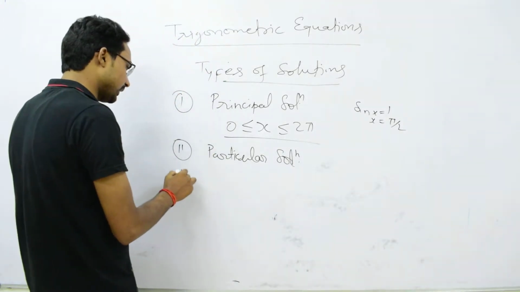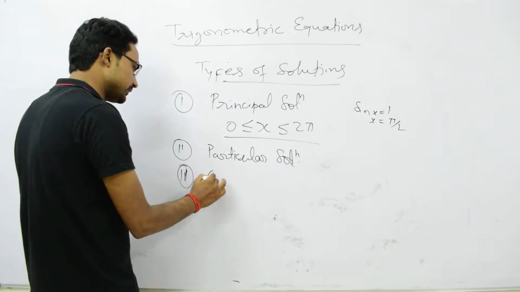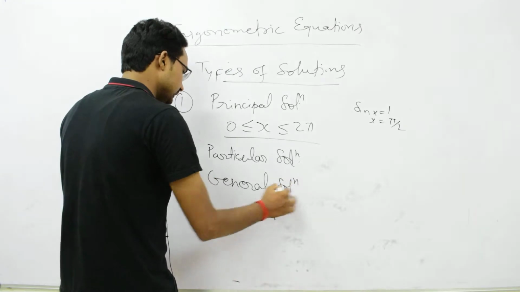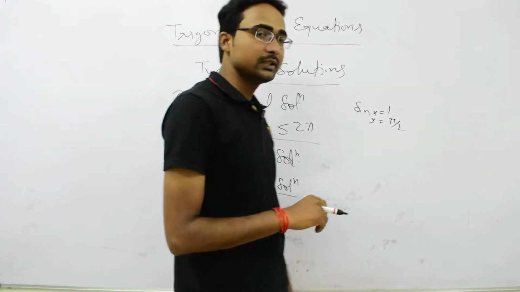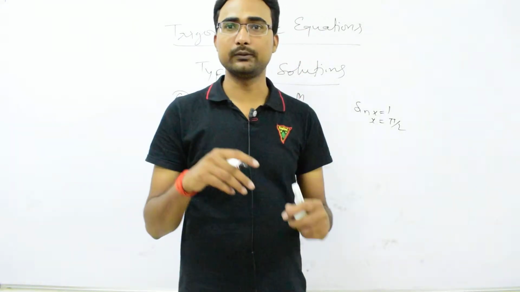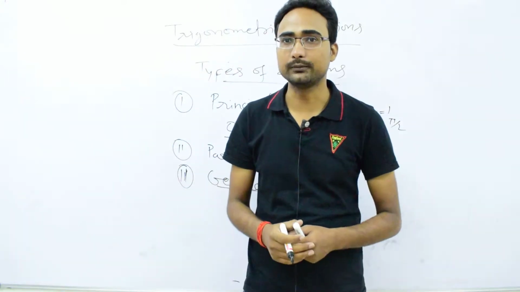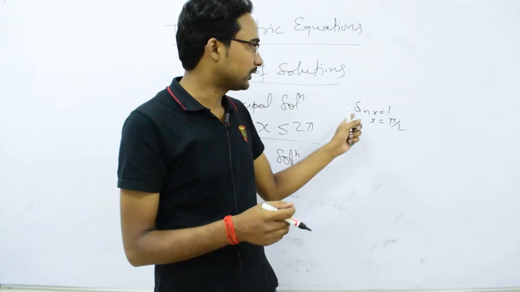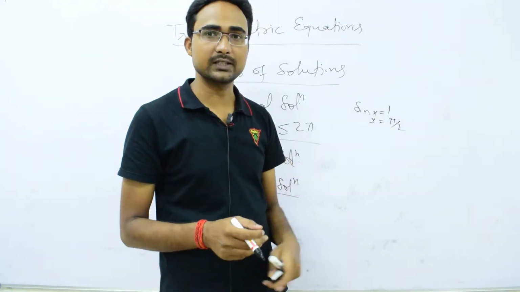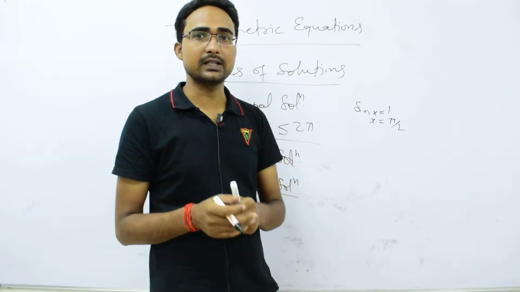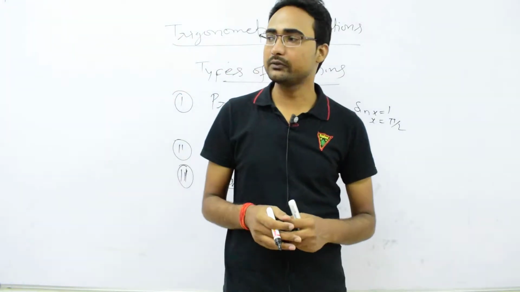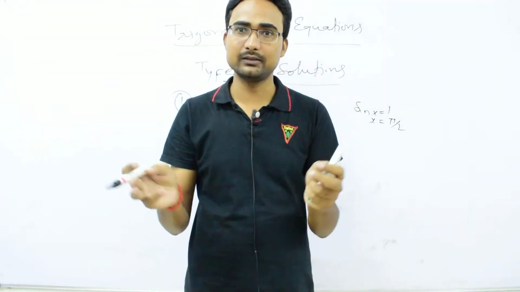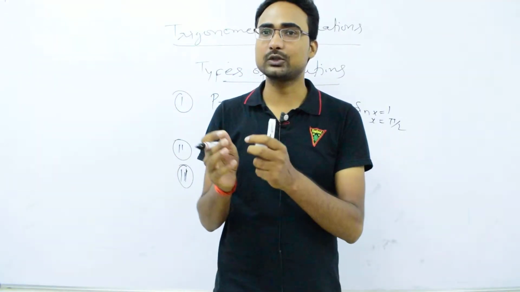And the third, very important, is the general solution. What is the general solution? The general solution is the set of all possible values of particular solutions. If x equal to pi by 2 satisfies sin x equal to 1, then if for a given trigonometric equation you are able to find all the possible values of particular solutions, this is known as the general solution.